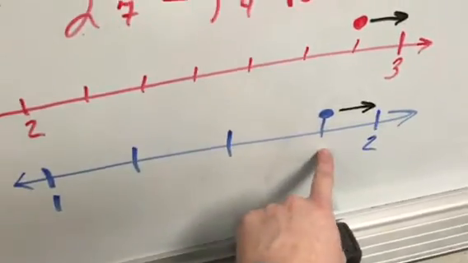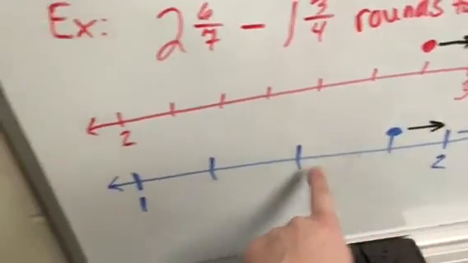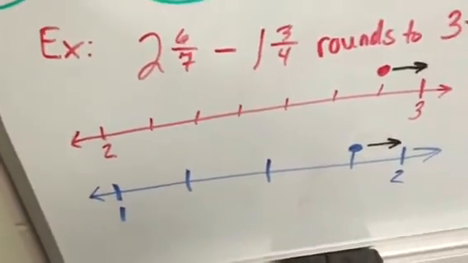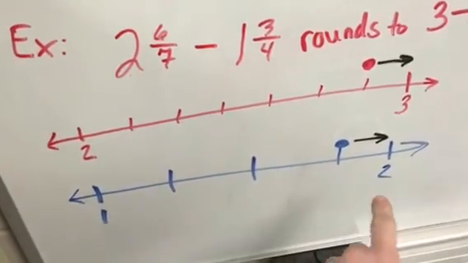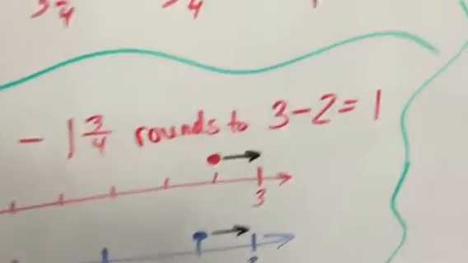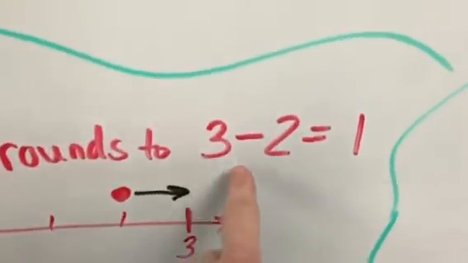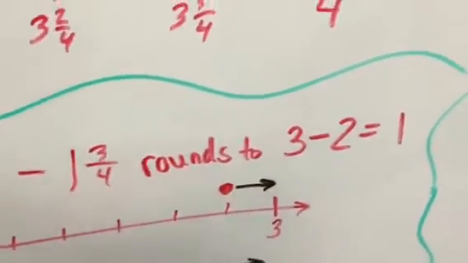That's 1, 2, 3/4. So 1 3/4. And look how close it is to 2. Again, I'm not even drawing my other line because I know there's no way it could be that. So I know that that's going to round up to 2. So 1 3/4 rounds to 2. So my answer looks like this: 3 minus 2 equals 1. And that's the first way.